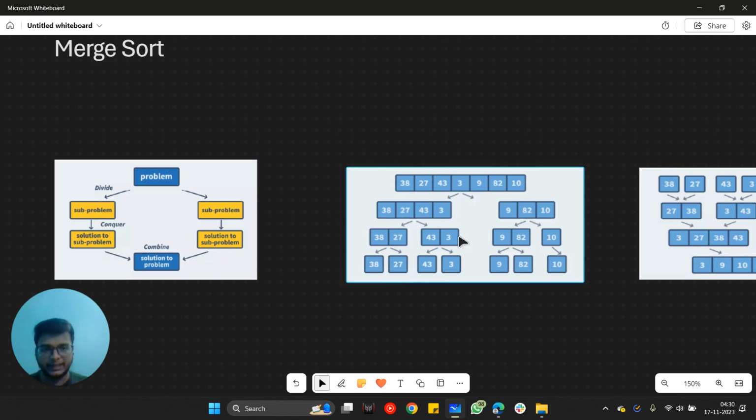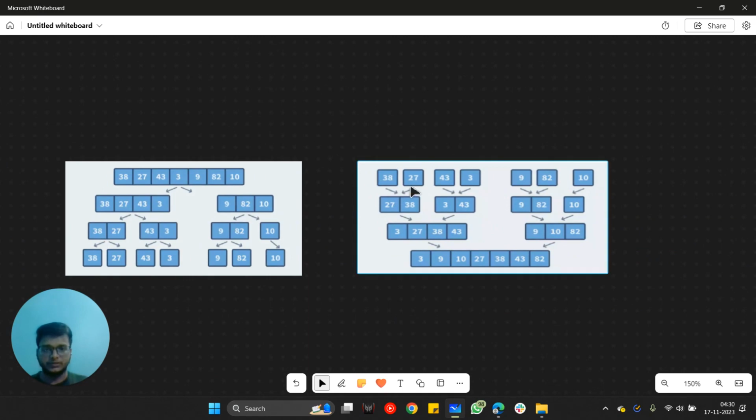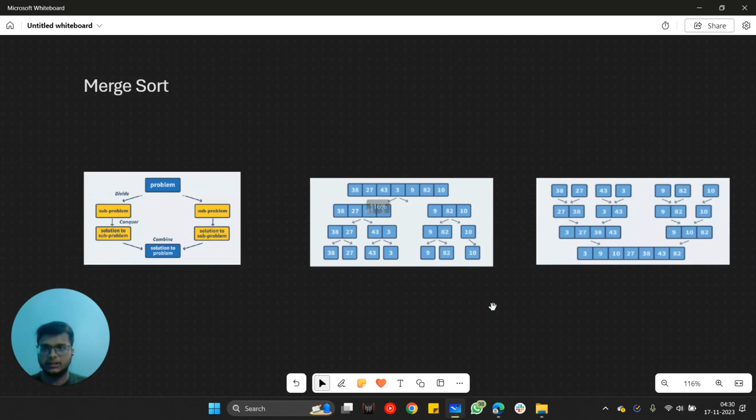We will keep on dividing the array from the midpoint into half and half, and we will keep on dividing until it is a single element. Then after that is done, we will now combine it using swapping and so on, merging. So that is how merge sort is done.